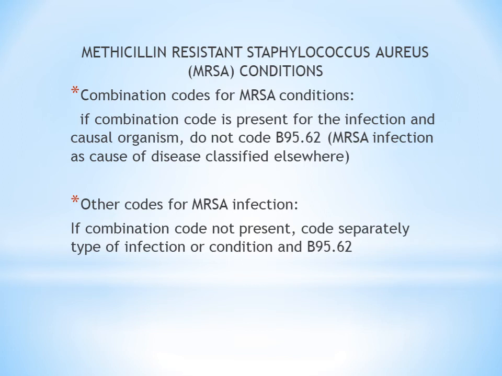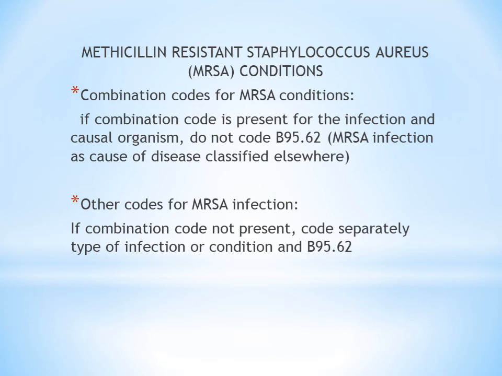That is here B95.62, the code for MRSA. Which means if a combination code is present for the type of infection and MRSA, no additional code is needed again for MRSA. So no need to code B95.62.